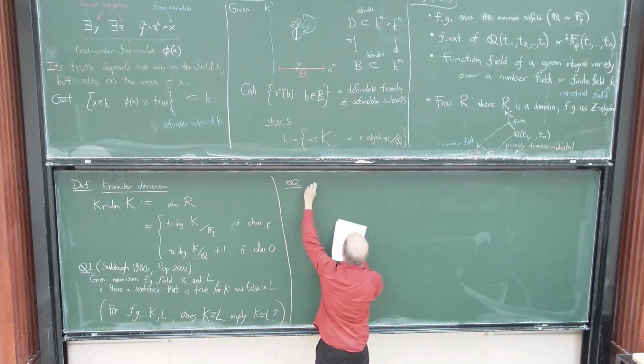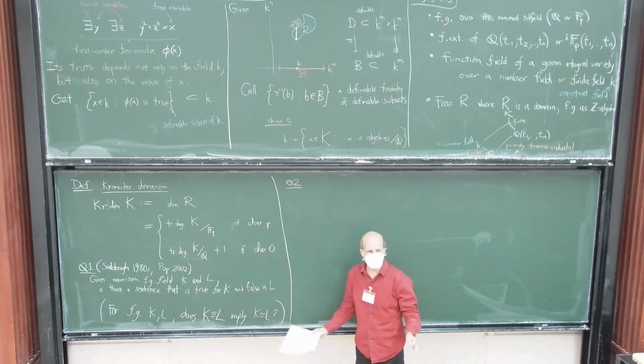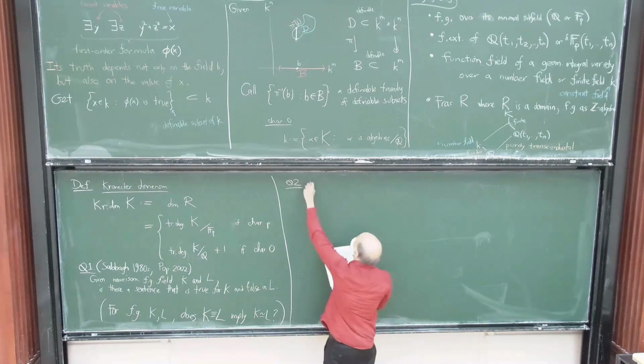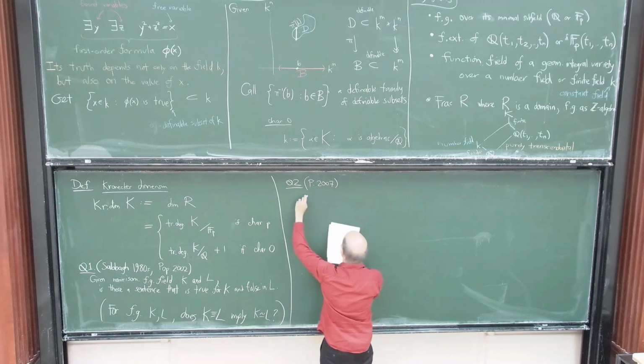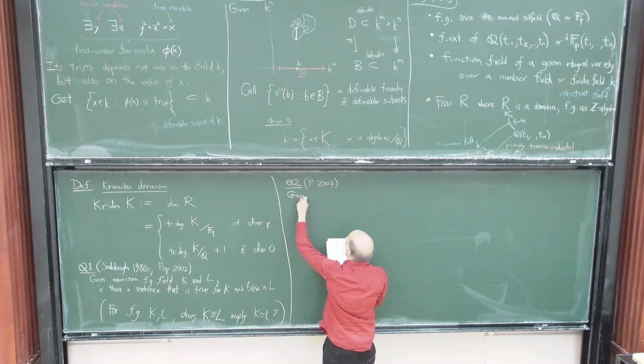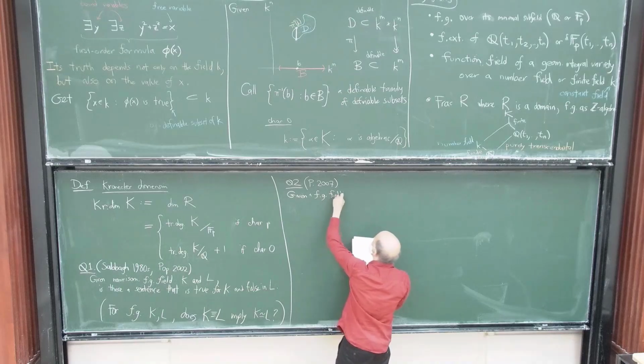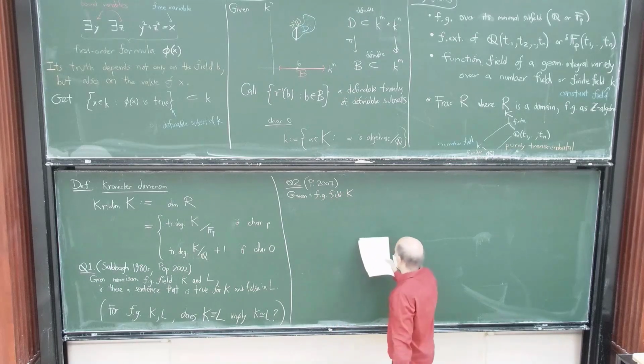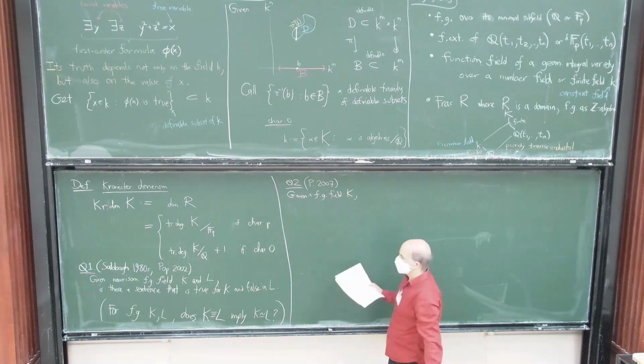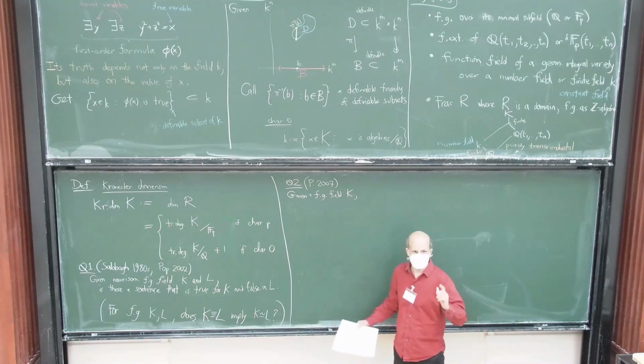The next question: I'm going to give you 3 questions, each one a sort of stronger version of the previous. This is one I asked in a paper in 2007. Given one finitely generated field K, can you simultaneously distinguish it from all the other ones with just one sentence?